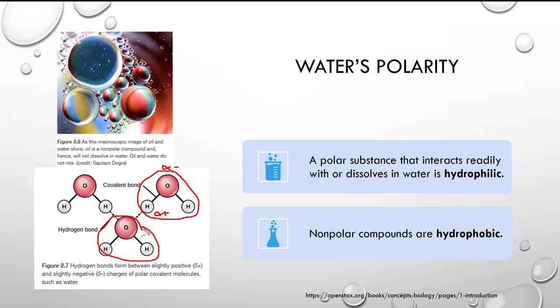It's basically just a slight attraction between the positive end of a nearby hydrogen and the negative end of a nearby oxygen. So they have this attraction to each other that holds together as a temporary bond. That's basically that polarity.